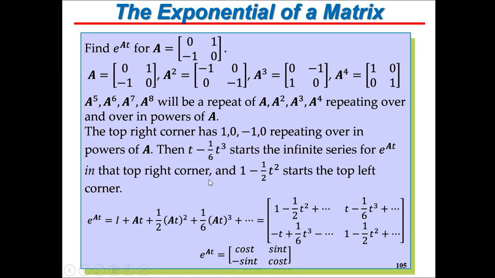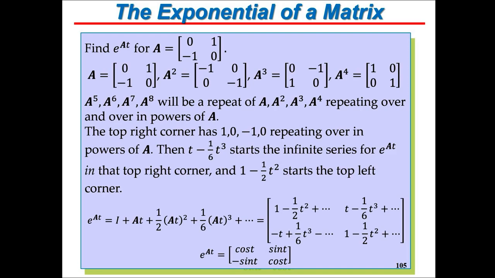So e to the At for this matrix is this interesting matrix that is also anti-symmetric, and has this interesting structure given in terms of cosines and sines. So you can be asked to do lots of different types of calculations like this, right?